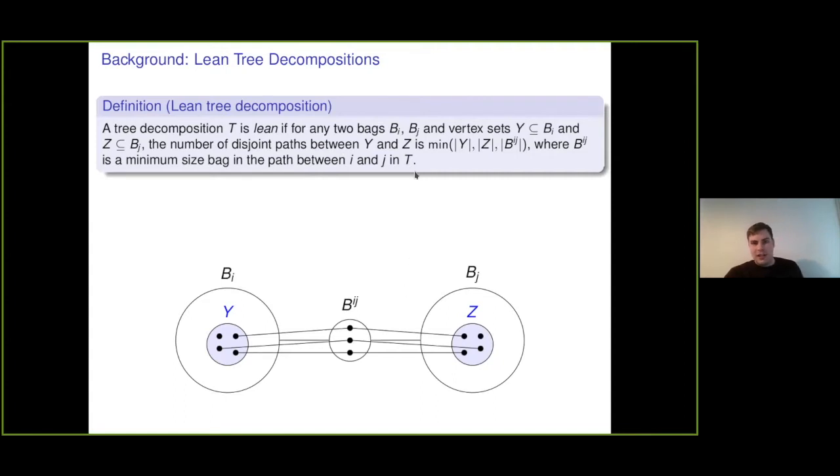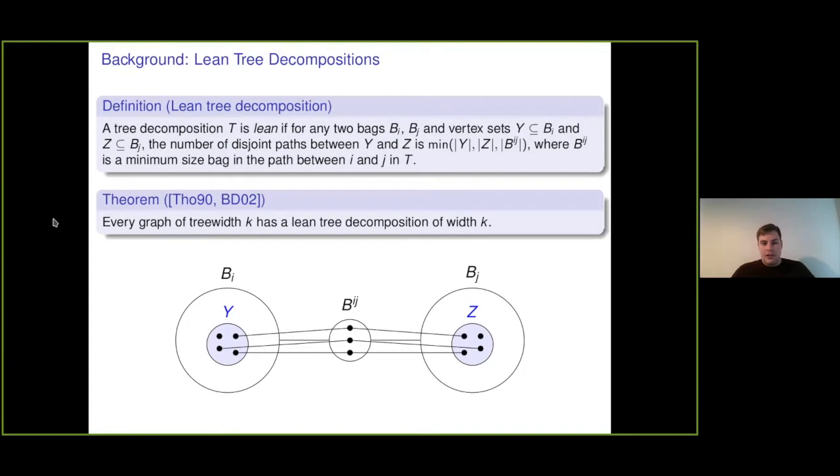So basically, if you have a lean tree decomposition, then the number of disjoint paths between two vertex sets that are subsets of bags matches the trivial upper bound given by the tree decomposition. What Thomas originally proved, and then Bellenbaum and Diestel gave a simpler proof, is that every graph of Treewidth k has a lean tree decomposition of width k.